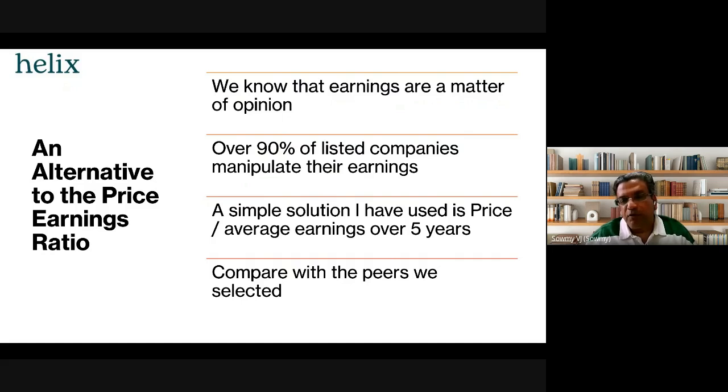If you compare Procter & Gamble with, say, Clorox or Kimberly-Clark, and look at the last 5-year earnings, you'll get an understanding whether you're paying too much of a price for this one, or whether you are in a fair comparison bracket, right? So that's one easy mechanism.